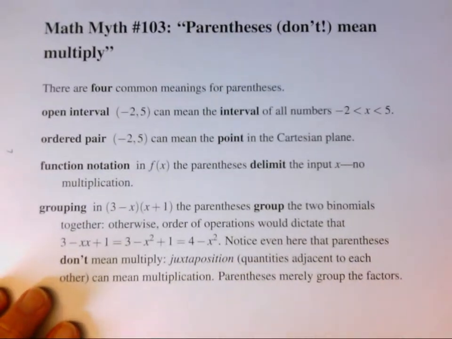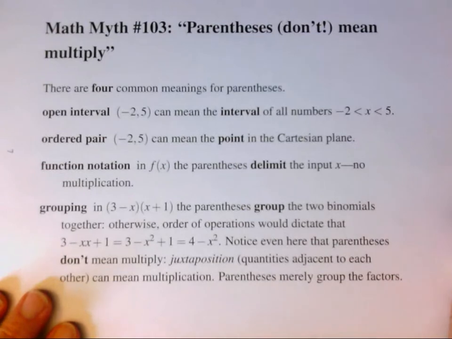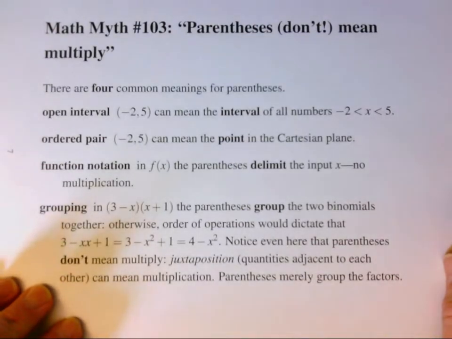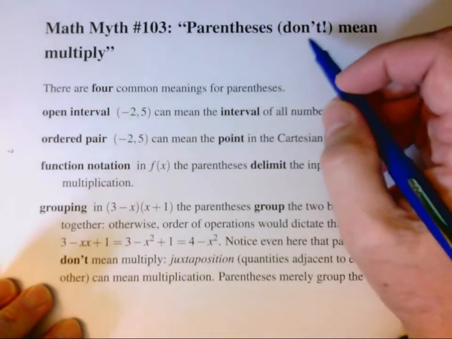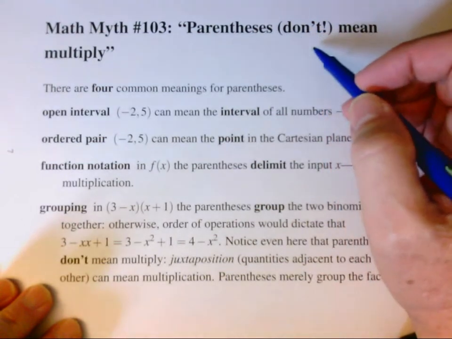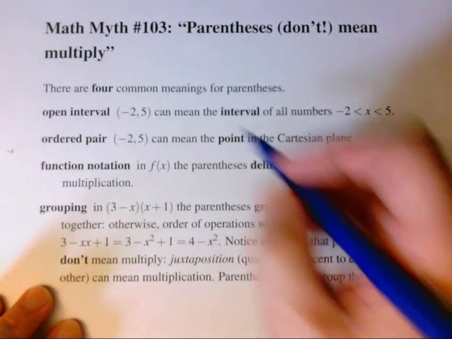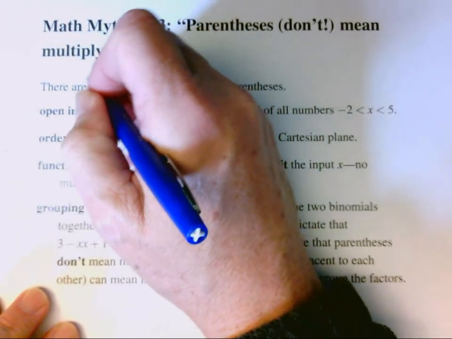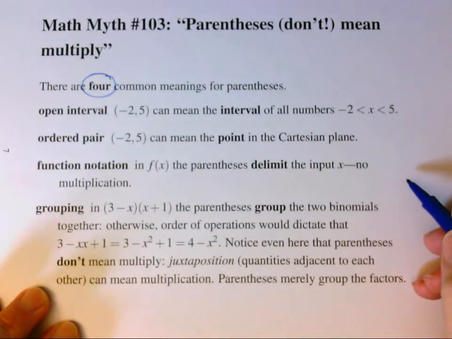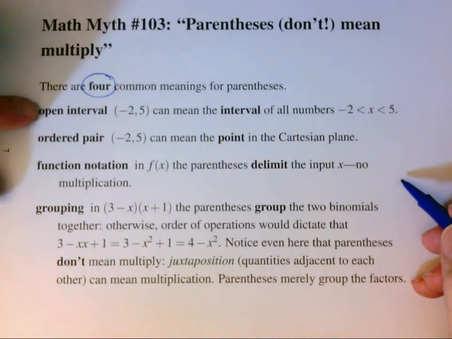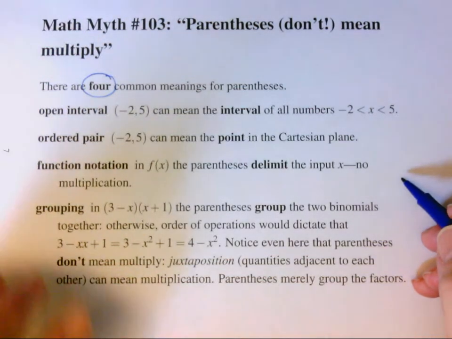In fact, I go to special effort to try to stomp out a math myth here. Depending on how you number your math myths, there are several hundred of them. Parentheses do not mean multiply. You, as of now, have officially encountered 4 different meanings for parentheses. We've already seen that they can abbreviate an open interval.